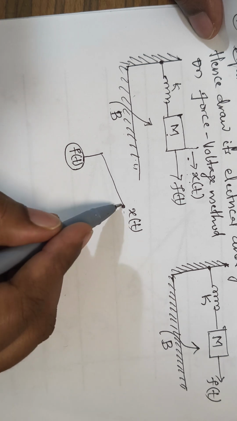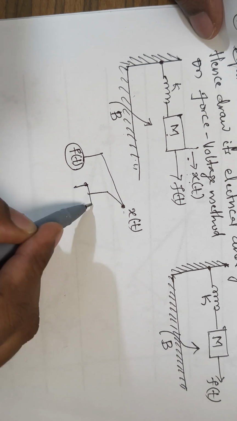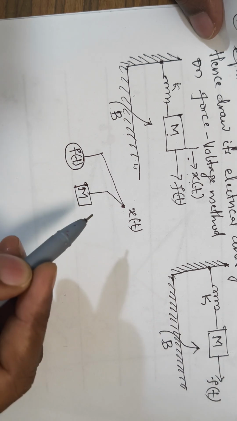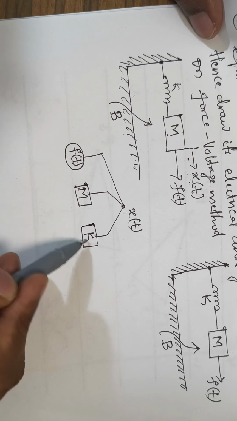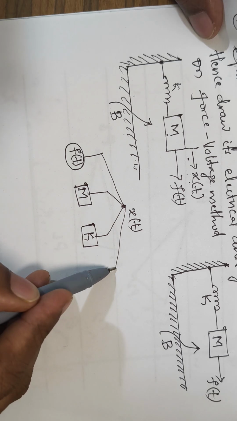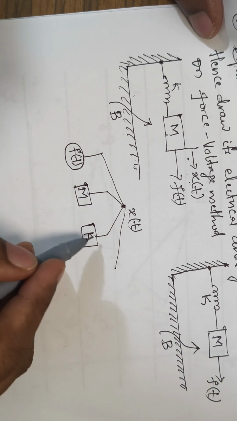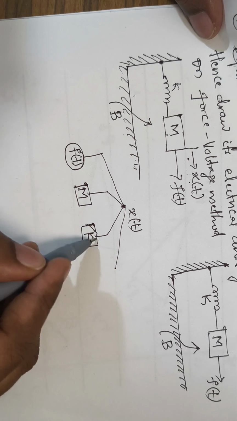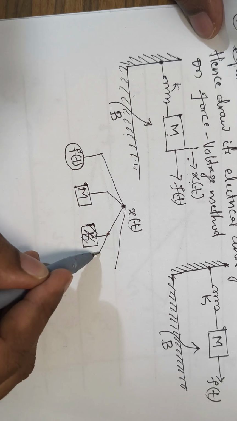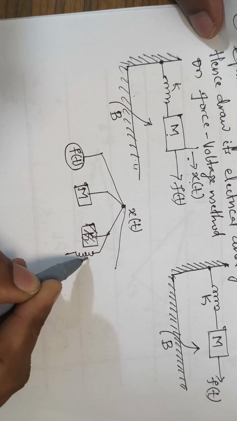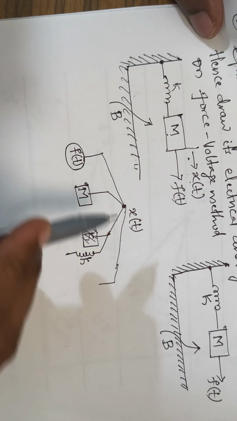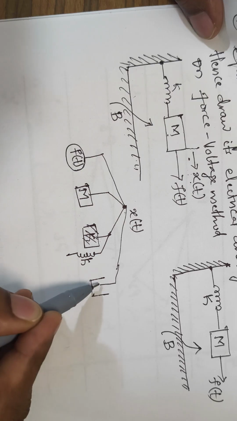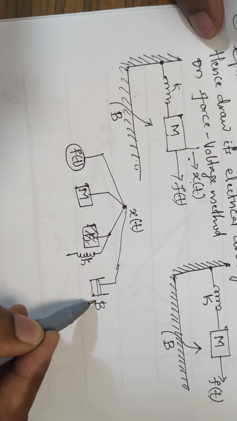So next will be our mass, the mass m, then you have the spring k, represented by a spring. Then you have the dashpot, that is the friction, which will be represented by a dashpot, that is b.